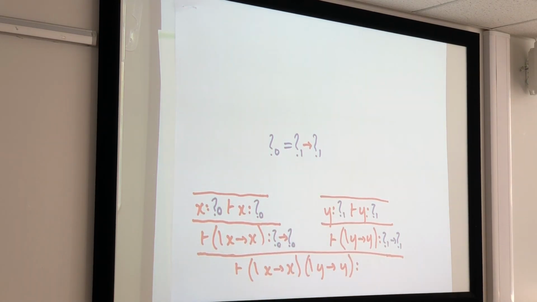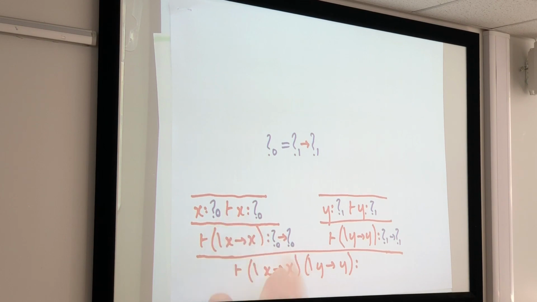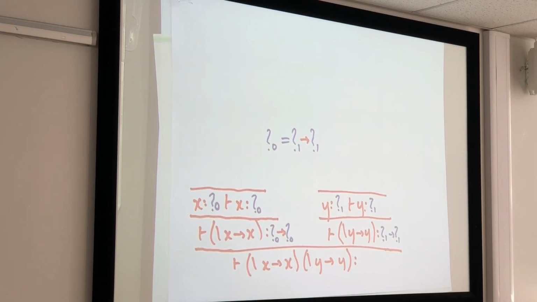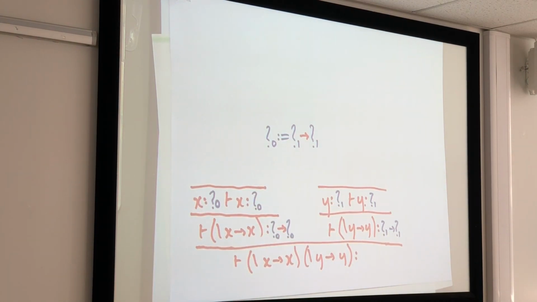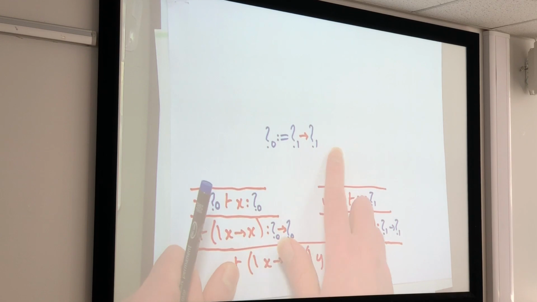We've just got a constraint that tells us what one of them is. So now what we do is everywhere, and I didn't leave myself enough space because I'm a numpty, we substitute question mark 1 arrow question mark 1 for question mark 0. So I'm just going to write a pair of dots here to say, let us assign question mark 0 the value question mark 1 arrow question mark 1.